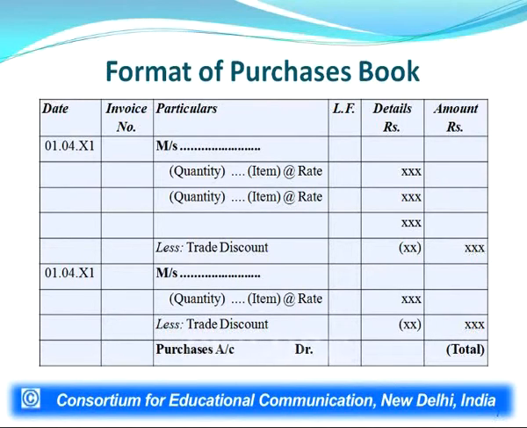Sometimes there may be a sales tax which we are paying. If we are paying sales tax, it should also be added and shown in this particulars or details column. At the end of the period, which is normally a month, the total of the purchase book is made, and this total is transferred to the purchase account.